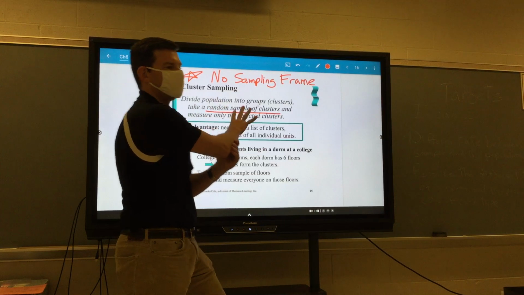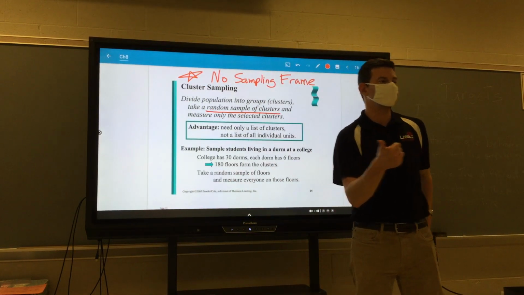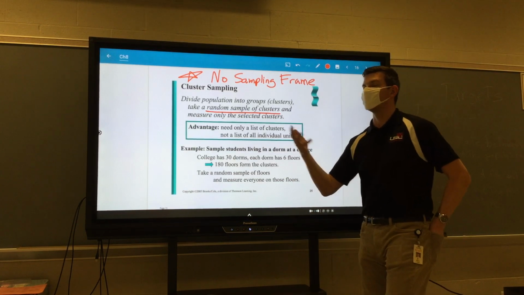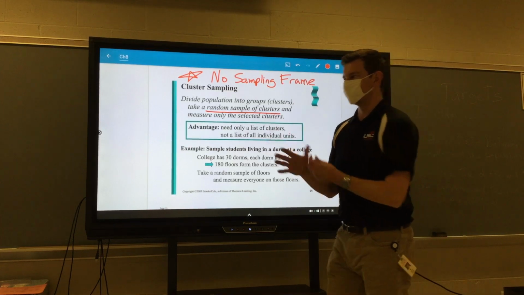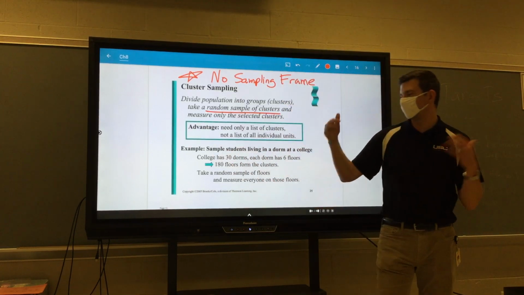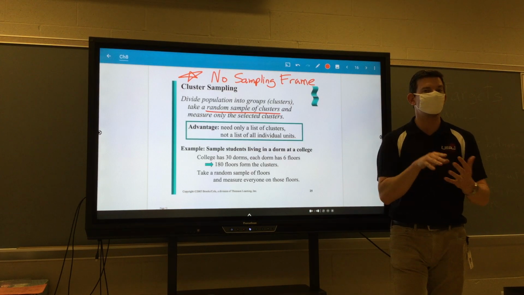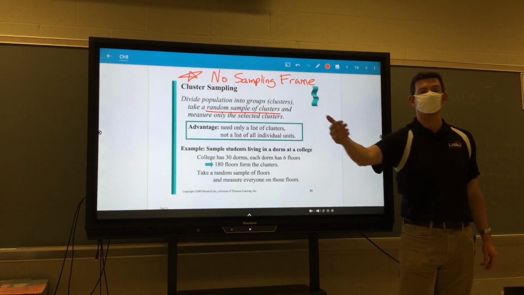Now, I'm not saying that cluster sampling would always be practical. Okay? If we're talking about that nationwide population, and we're looking at clusters nationwide, that everybody has some kind of unimportant identifying characteristic, that probably doesn't make sense on that scale. You might want to stratify a few times first.